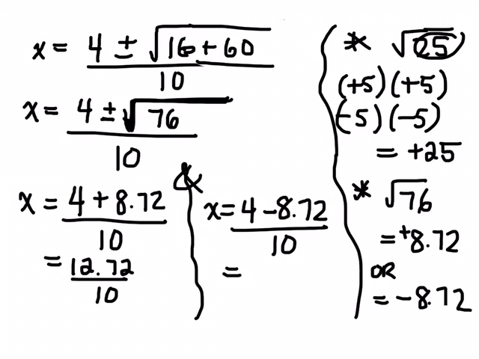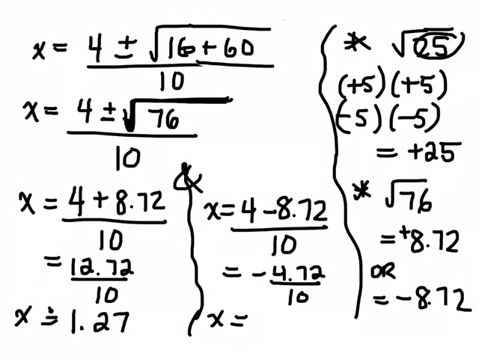And 4 take away 8.72 is negative 4.72 divided by 10. Simplify both your answers. What's 12.72 divided by 10? We'll round it off to 2 decimal places. Approximately 1.27, and here x is equal to approximately negative 0.47.